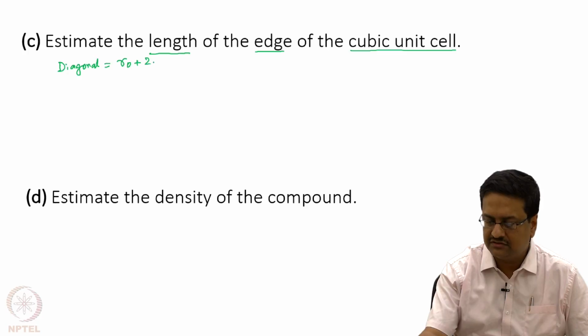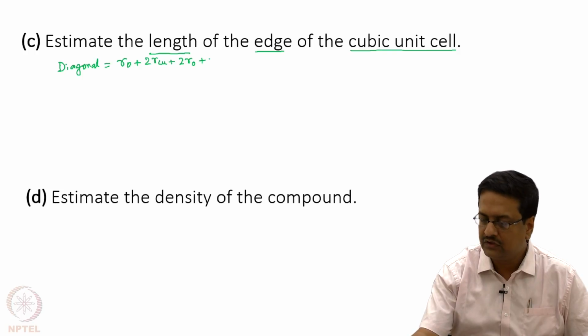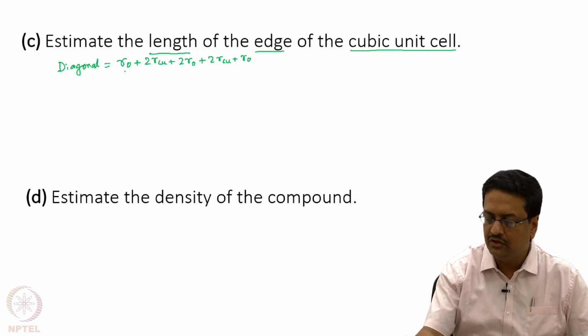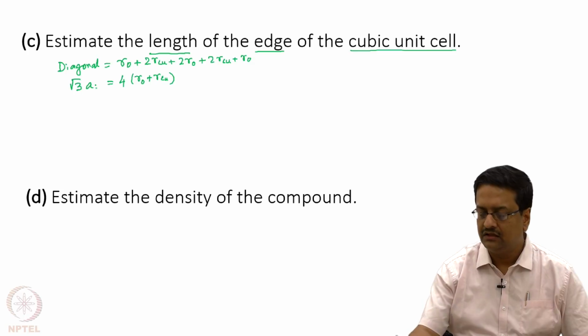which is R oxygen plus 2R copper plus 2R oxygen plus 2R copper plus R oxygen, which is equivalent to 4 times (RO plus RCu), and this is equal to the diagonal, which is root 3 a.